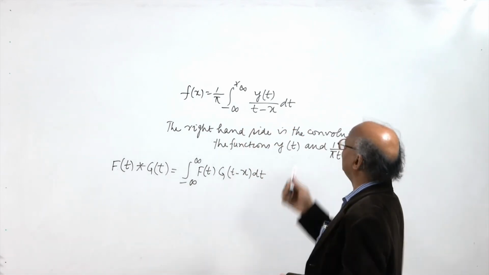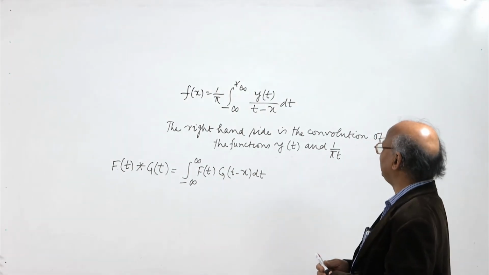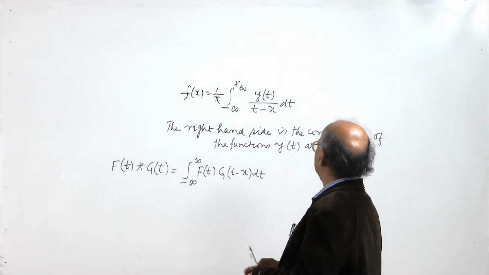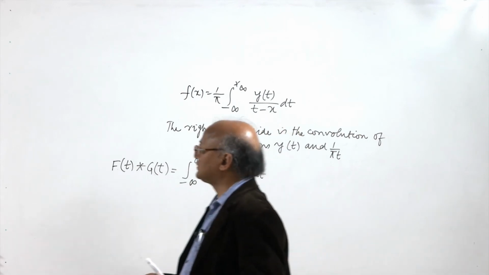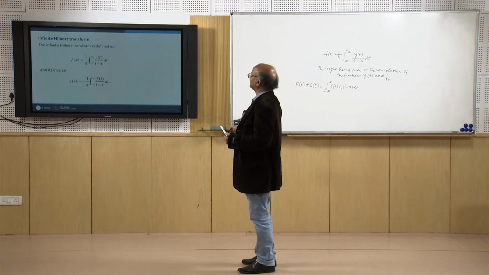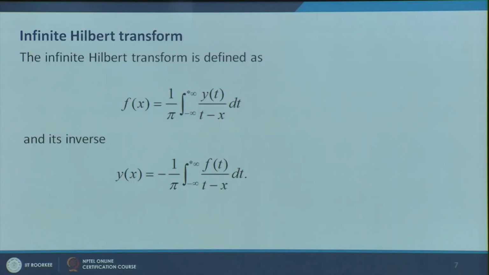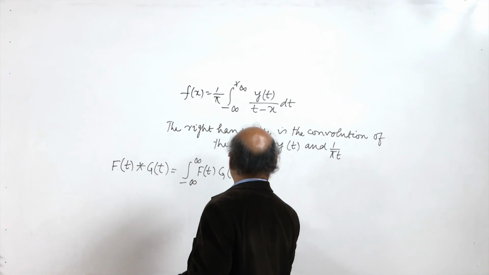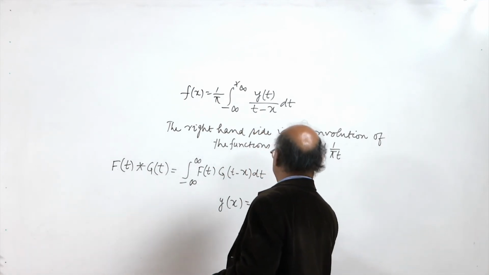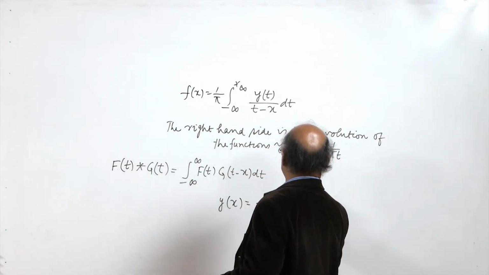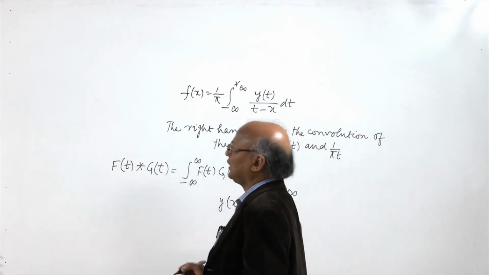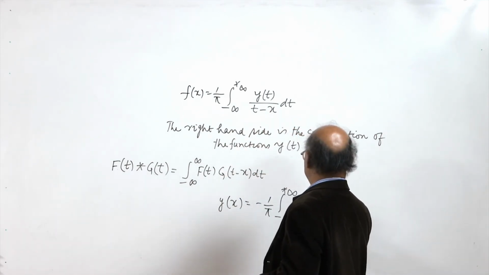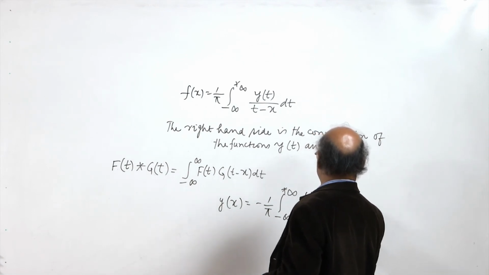So, the right hand side is the convolution of phi(t) and the function 1 over pi t, and its inverse, that is the solution of this integral equation, is given by phi(x) equal to minus 1 over pi integral over minus infinity to infinity of f(t) over t minus x dt.